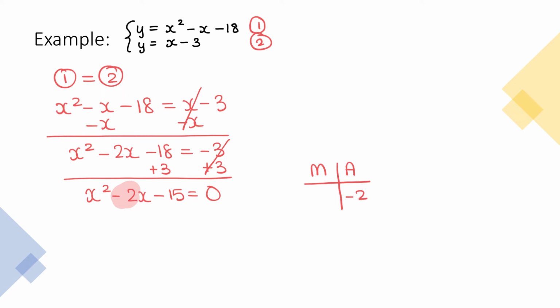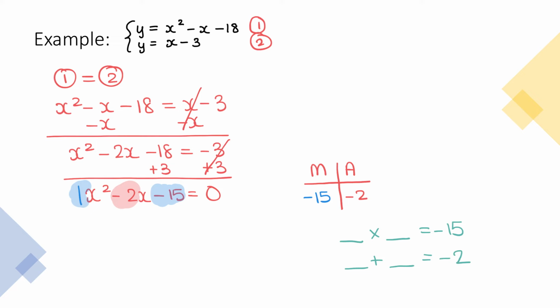And for my M, remember we have a 1 here, so it's going to be this 1 times this negative 15, which is going to give me negative 15. So now we're going to want to think of two numbers that multiply to negative 15 and two numbers that will add to negative 2.